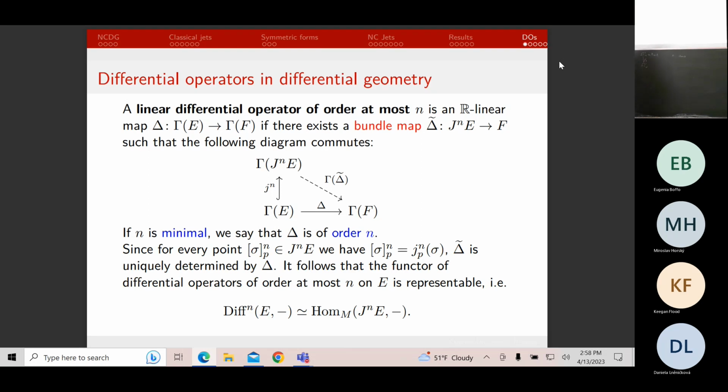Now this lift turns out to be unique because every point in the bundle can be seen as the image by a prolongation. So it defines uniquely the lift, which means that the functor of differential operators of order n on E is representable in the category of bundles.